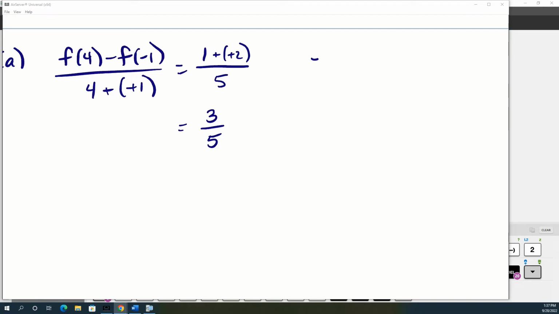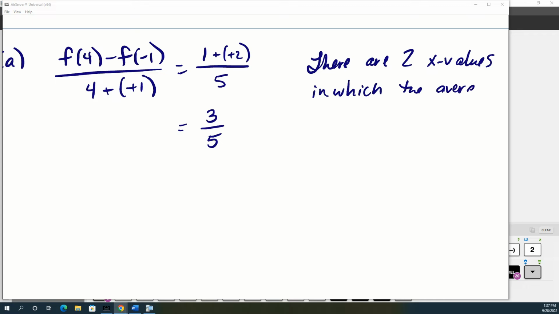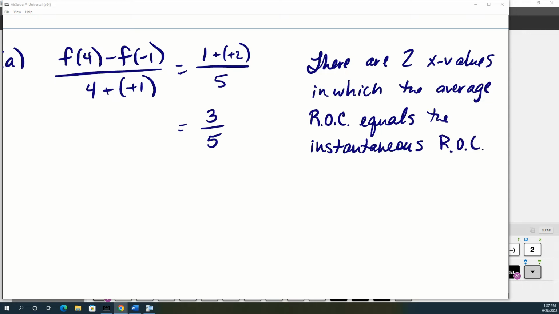So you could say something like, there are 2 values. Maybe better, since it would be better if we said 2 x values in which the average rate of change, it's going to be fine if you do ROC, equals the instantaneous rate of change on the interval from -1 to 4.